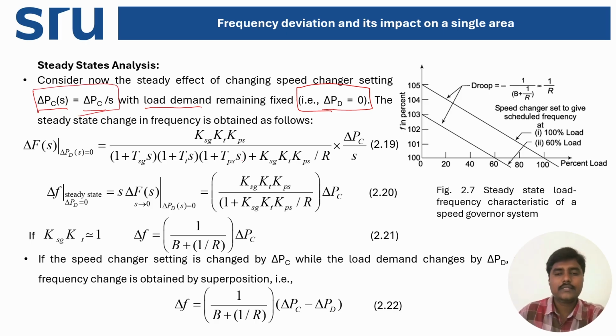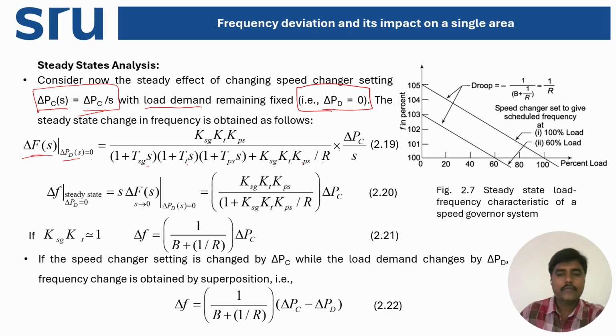In this case, from the block diagram, the way we derived the output equation for delta F of S in case 1, similarly we can derive a formula for case 2 as delta F of S at delta PD of S equal to 0, as KSG into KT by KPS, whole divided by (1 plus TSG into S) into (1 plus TT into S) into (1 plus TPS into S) plus KSG K2 KPS by R, into delta PC by S.